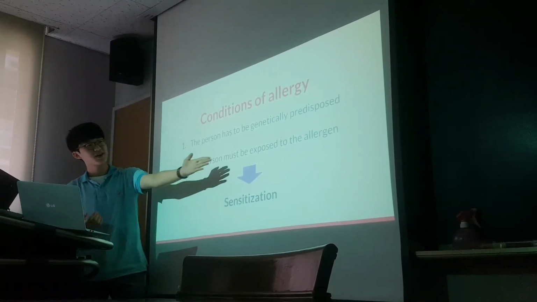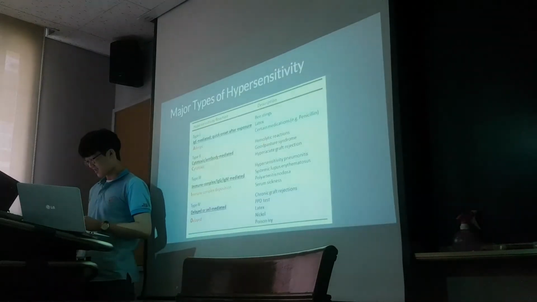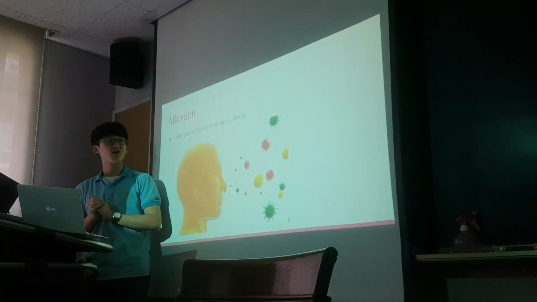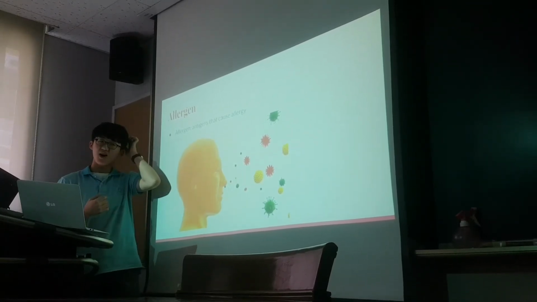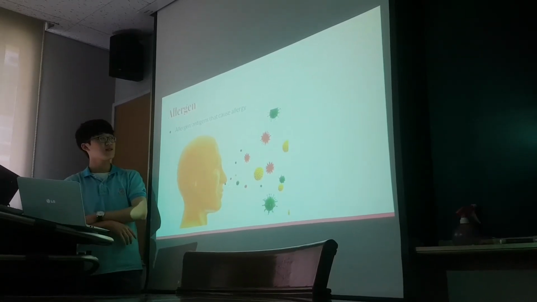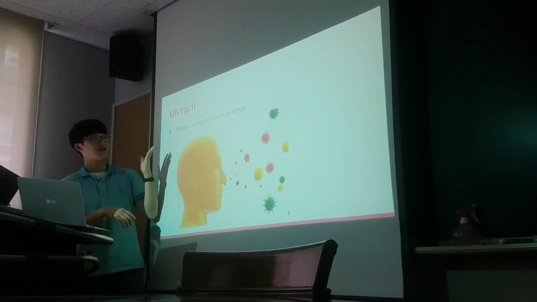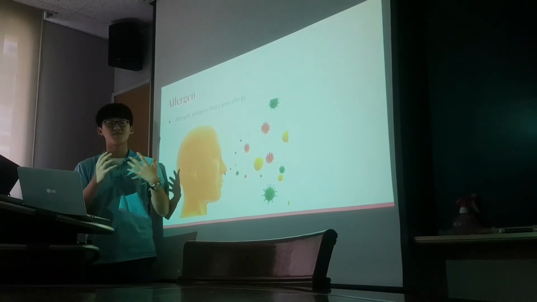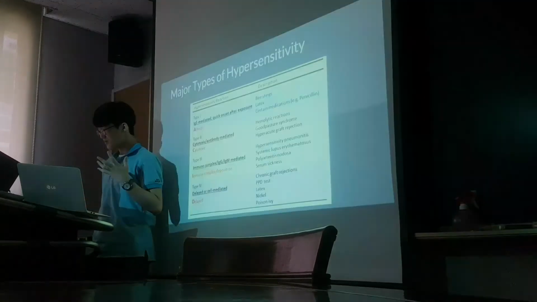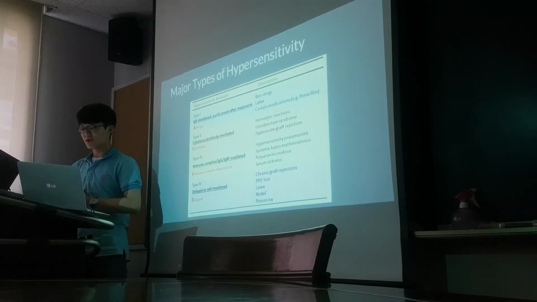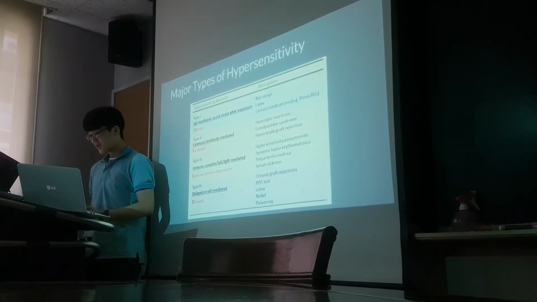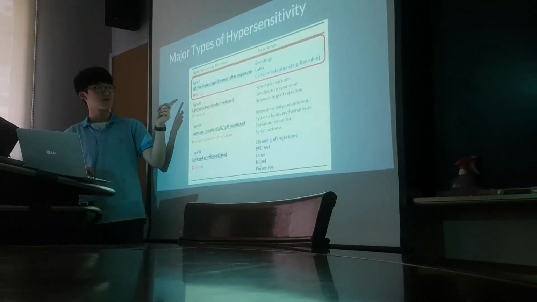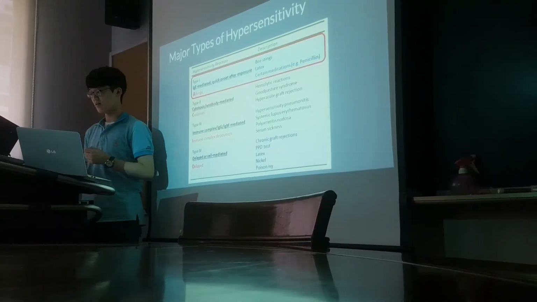And then what is an allergen? Allergen is antigens that cause allergy. And antigens are certain molecules that we inhale through our respiratory system or that are absorbed through our skin. There are mainly four major types of hypersensitivity, and today I'm going to focus on the first, type 1 hypersensitivity.